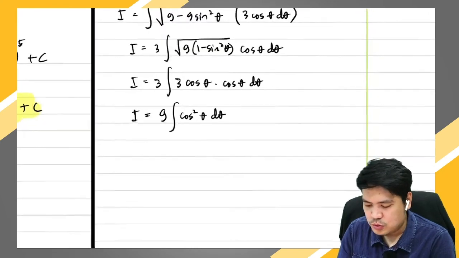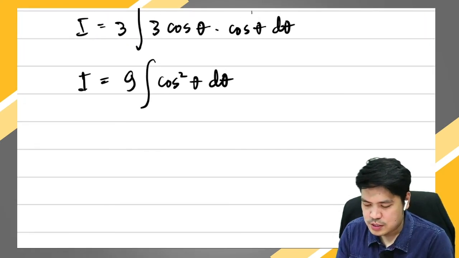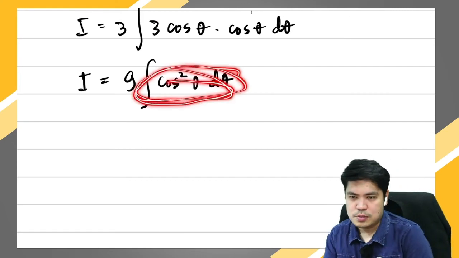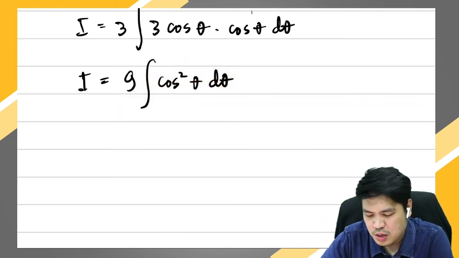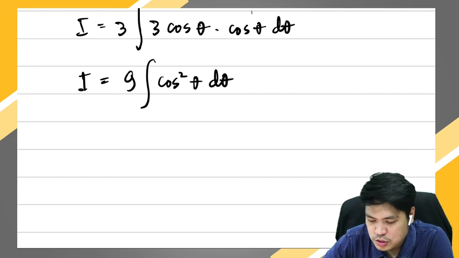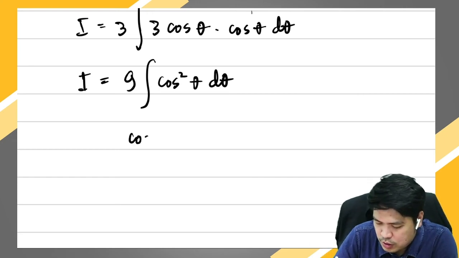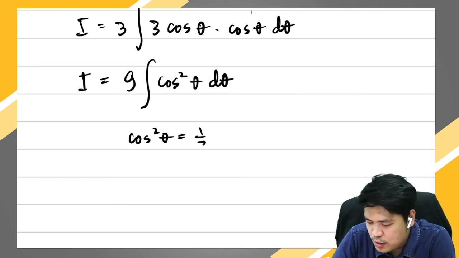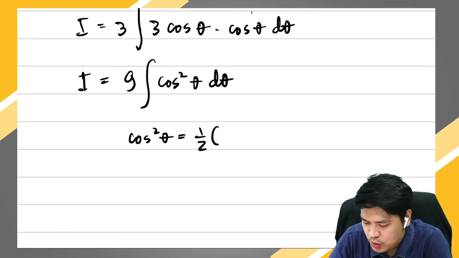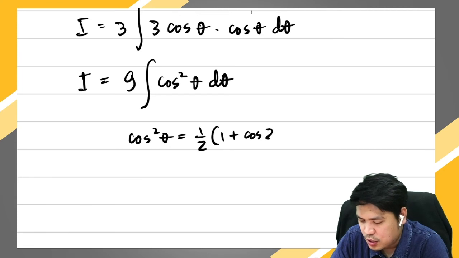And we know how to solve this kind of integral, diba? We already solved this before. We just use the power reduction formula. So we know that cosine squared theta is equal to 1/2, 1 plus cosine 2 theta.